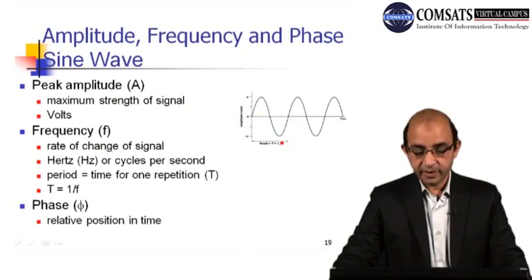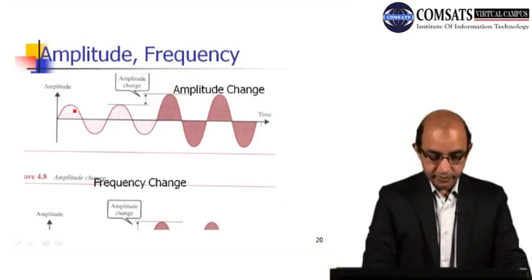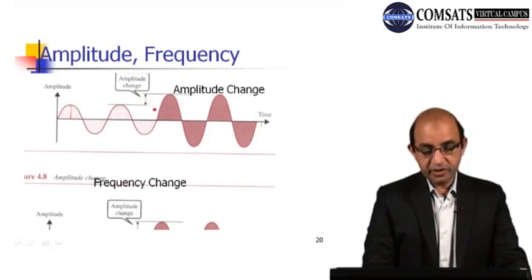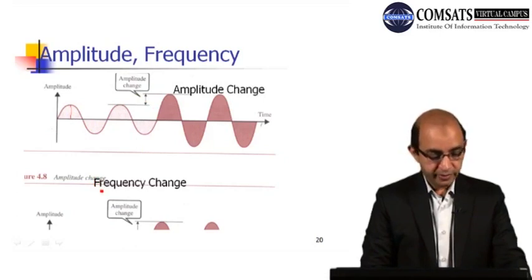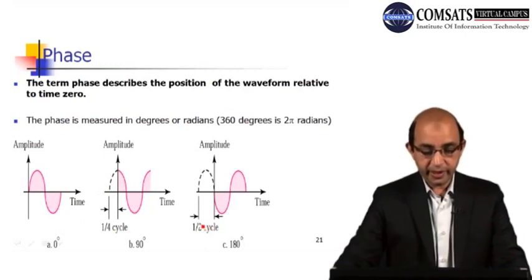This is the time period, and here we have the amplitude, the maximum amplitude. Here we have a change in the amplitude, a change in frequency, and a change in phase: 0 degree, 90 degree, and here a phase change of pi.